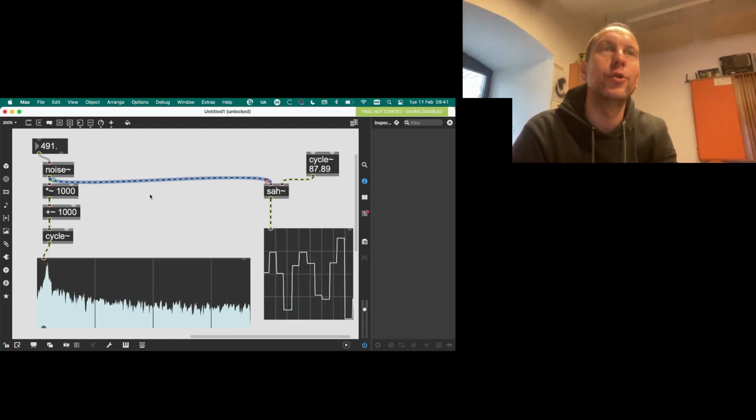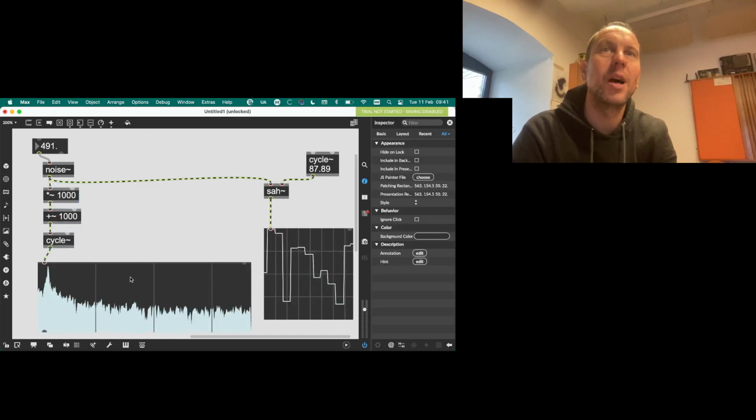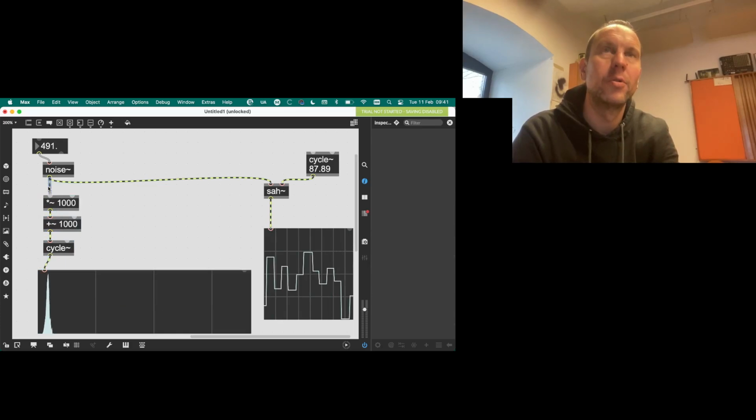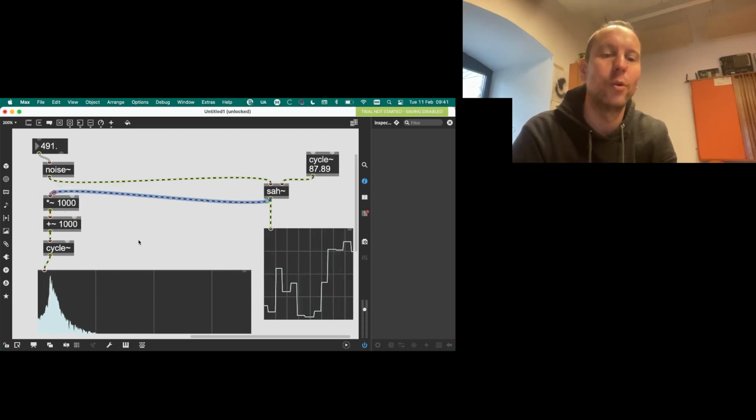So what I'm going to do is use this sample and hold noise for my modulation signal instead. So I've just inserted that sample and hold there.